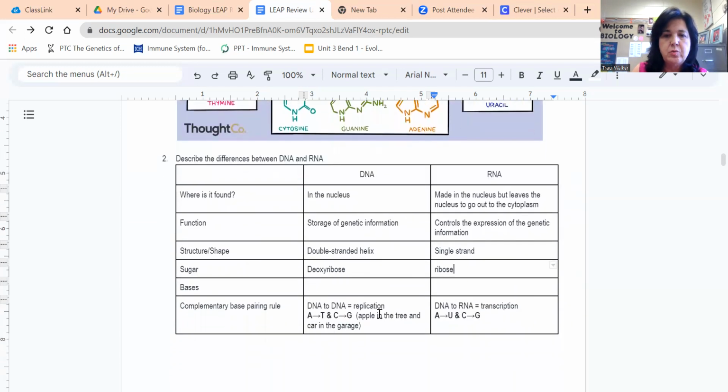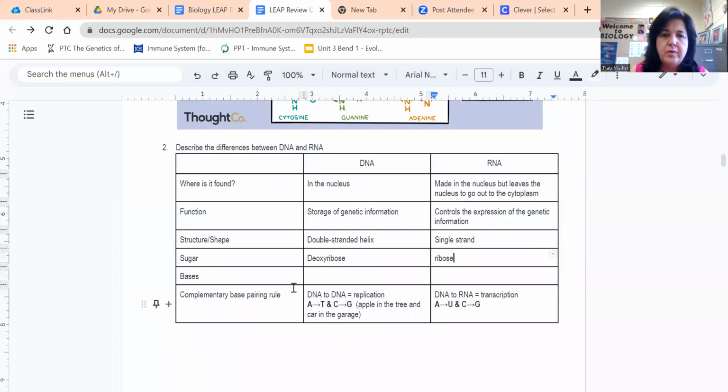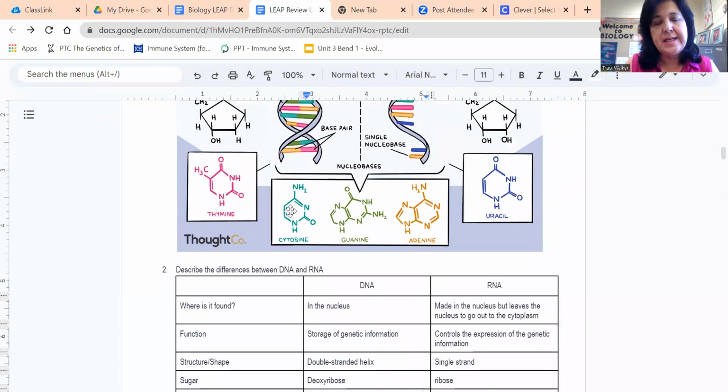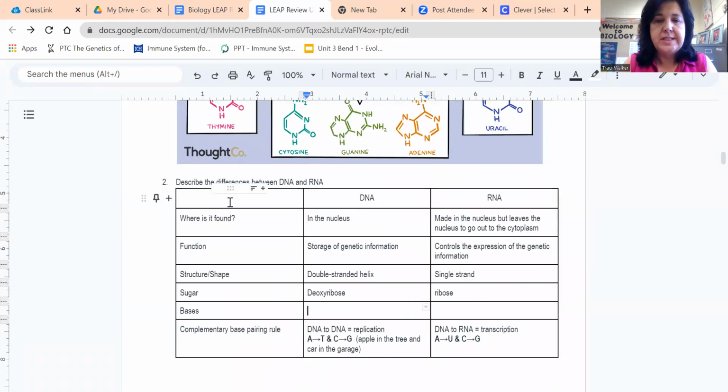Deoxyribose and ribose. Okay. So the bases, or the nitrogenous bases, nucleobases is what sometimes they're called, for DNA. So if you look up here, you'll see that DNA has cytosine, guanine, and adenine, and it also has thymine.